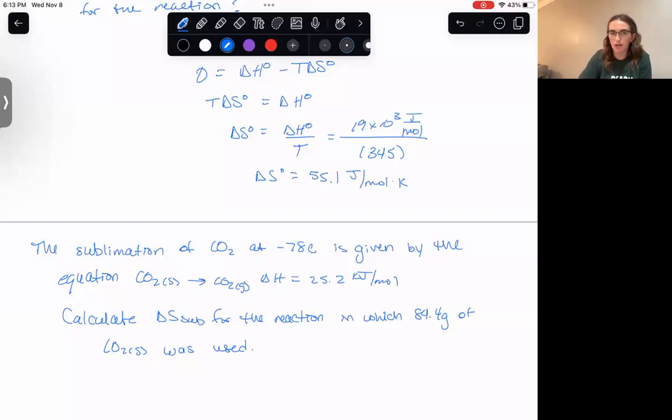Okay, so what does it mean to sublime? What are we doing when we're subliming? Yep, we're going from solid to gas.